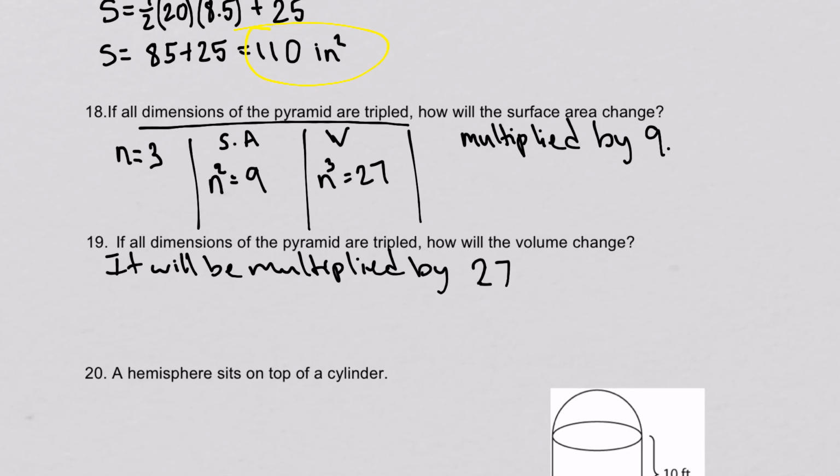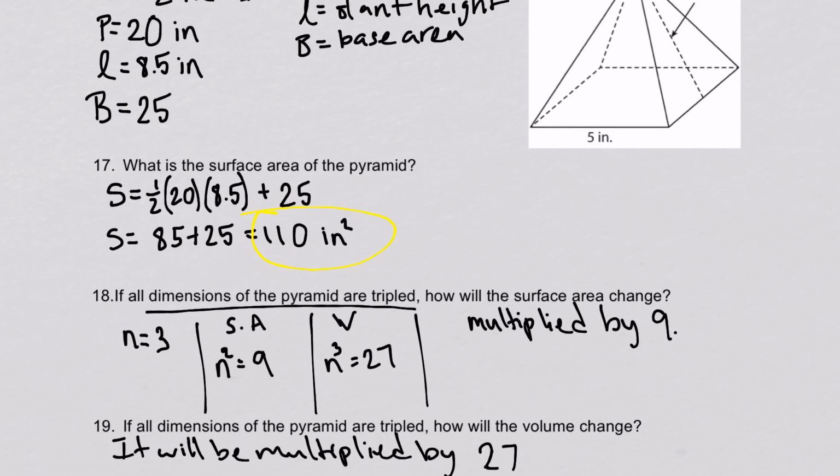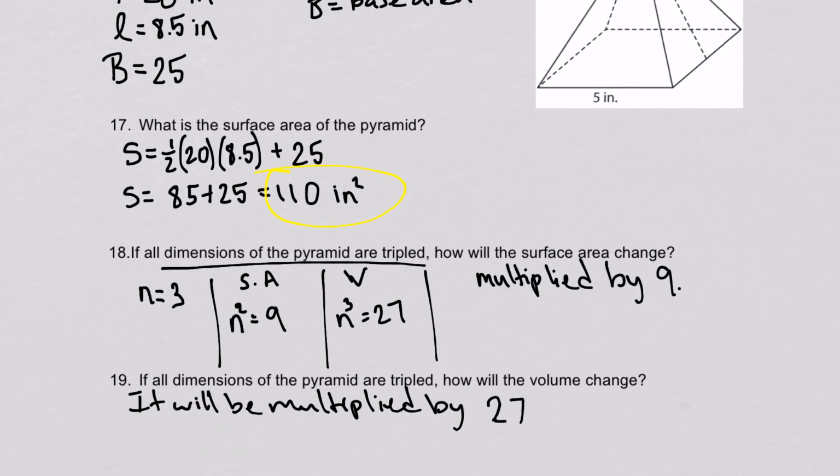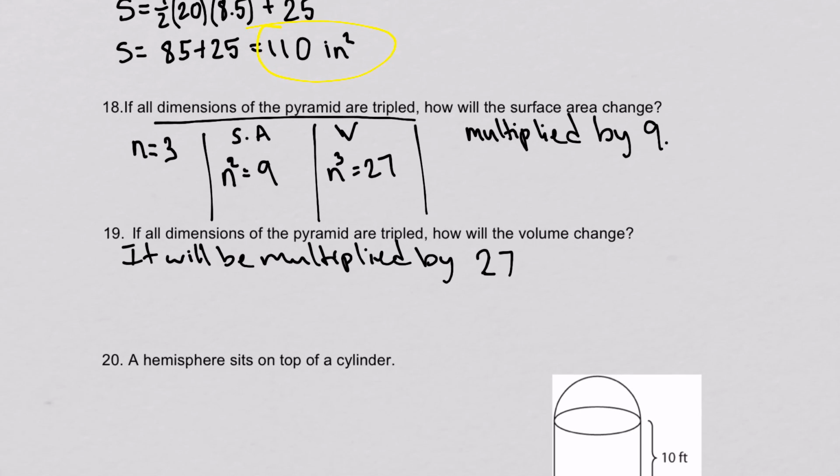Okay, and that's it for that one. So memorize the surface area formulas and remember this. What happens to the surface area and volume when you change the dimensions by a certain number? Surface area is that number squared. Volume is that number cubed.